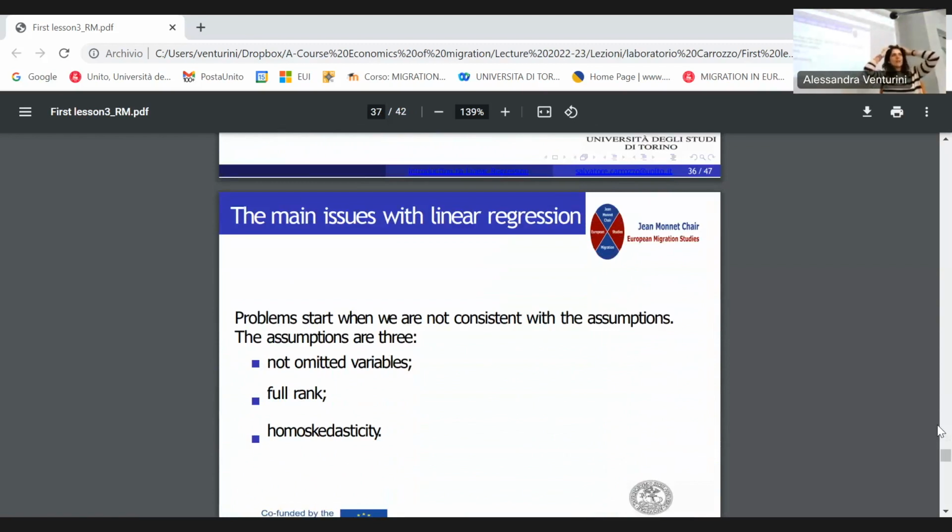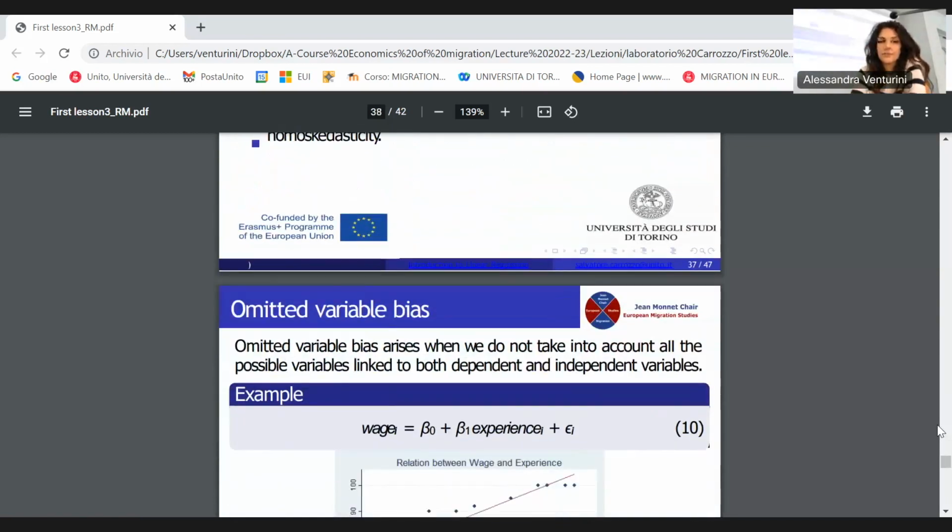So, what are the main assumptions in a linear regression? When you run a linear regression, there are some problems that you have to consider. The assumptions are three: no omitted variables, full rank, and homoscedasticity. No omitted variable is very clear.